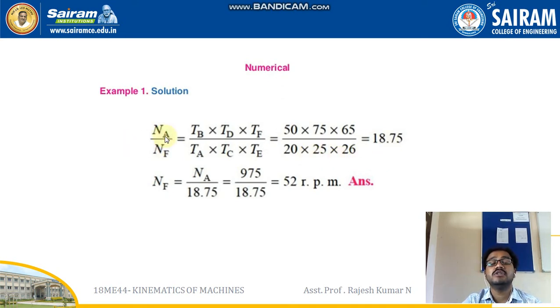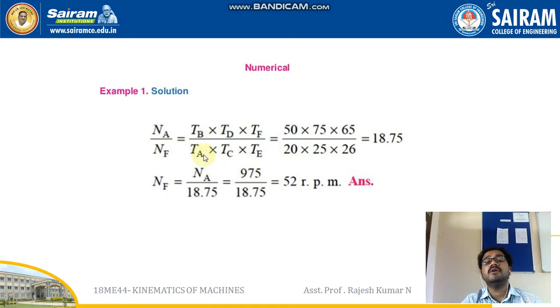So NA by NF, where NA is 975, gives 975 divided by NF is equal to 18.75. From this I can find NF. From the simplification, 975 divided by 18.75 is equal to 52 rpm.